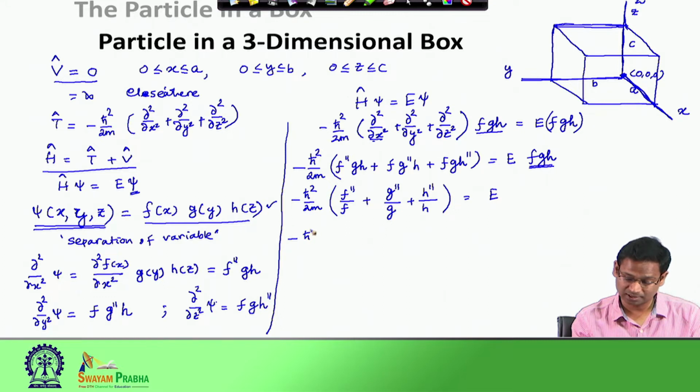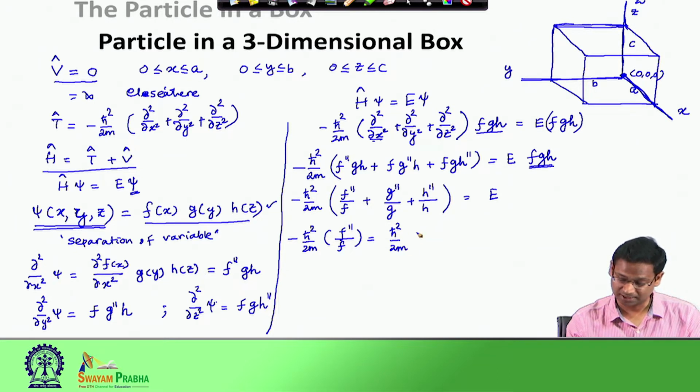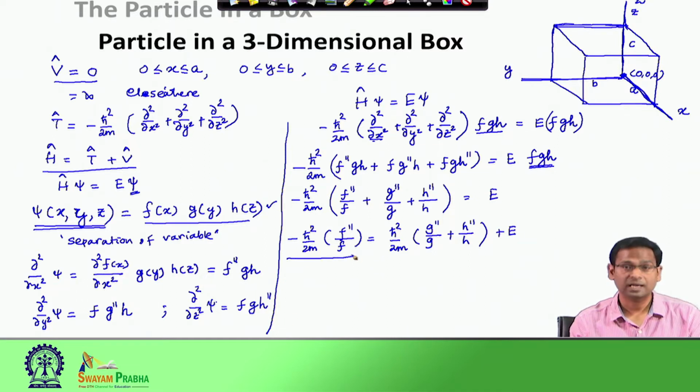I can rewrite this equation in the following way. I am going to take the g and h functions to the right hand side. If you look at this equation, the left hand side depends only on the x variable.